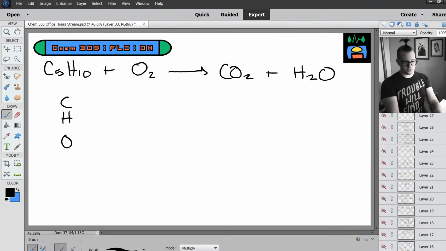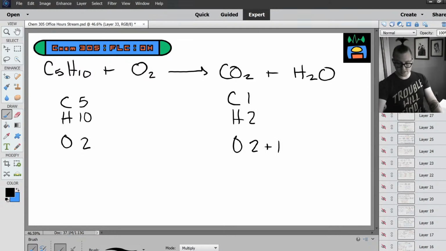Alright, C, H, O. On our reactant side, 5 carbons, 10 hydrogens, 2 oxygens. On the product side, 1 carbon, 2 hydrogens, 2 plus 1 oxygens. Let's get to it.